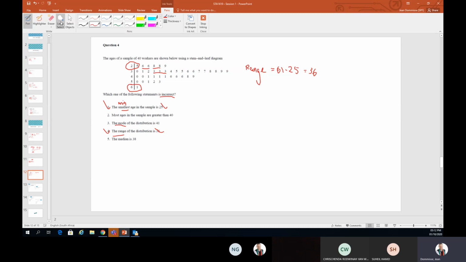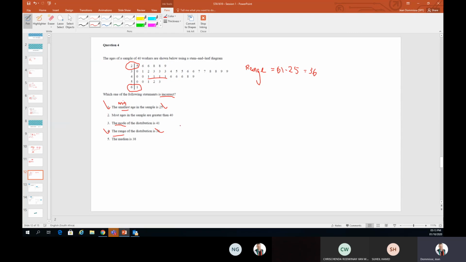So 33 at the moment is the better one, or the most. 35 is only 2, 36 only 2, 37 only 2, 38 only 2, 39 only 2, 40 only 2, 41 4 times, so it is definitely more than the 3 times. 46 is also only 3 times, 50 twice, and then it's single ones for the rest.